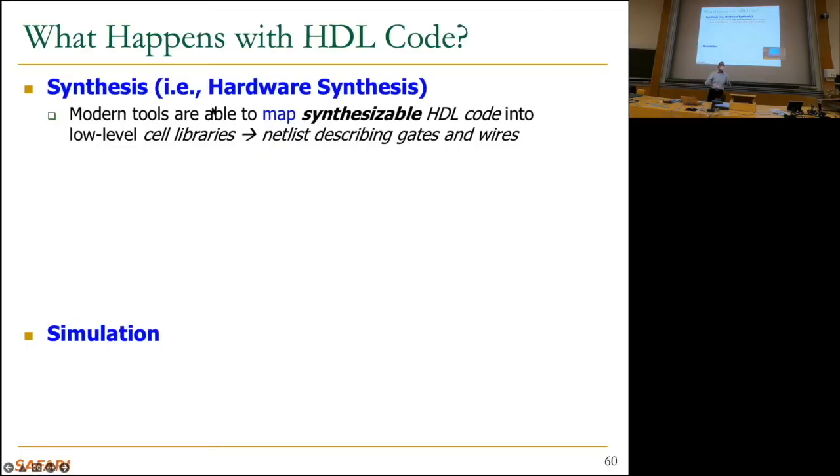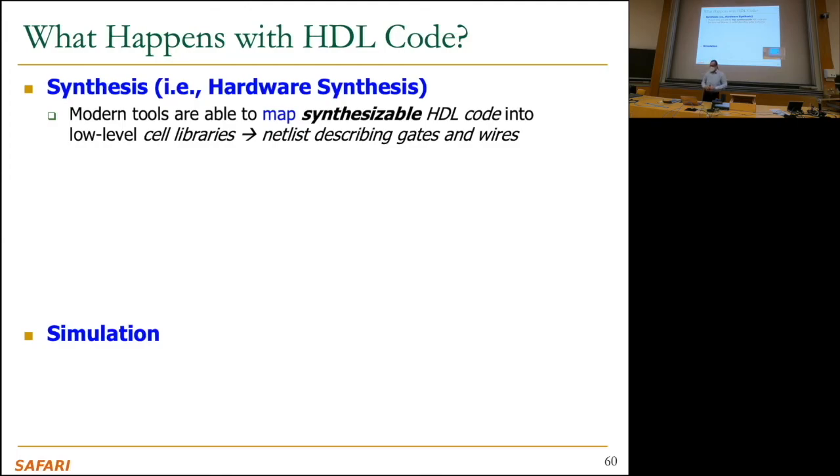The cell library we discussed is a library of gates and modules, and this modern tool, which can be called a compiler, compiles your code such that everything is instantiated to correctly implement your description in the code using the modules and gates in the cell libraries. Makes sense, hopefully, right? This is also called a netlist for historical reasons. Basically, this netlist describes what gates you use, what wires you use, and how they are connected with each other.